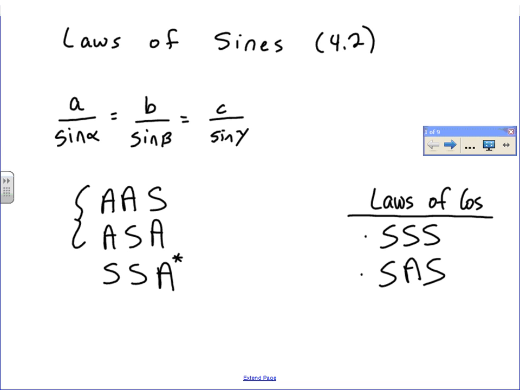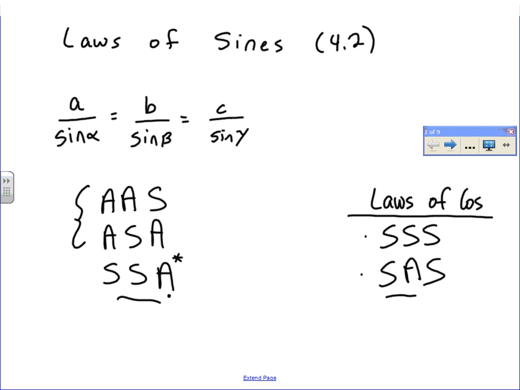Now, do y'all know the difference between side-side-angle and side-angle-side, about where the angle is located in geometry? In this case, this angle is the non-included angle. That means it's the angle that's not in between the two sides.